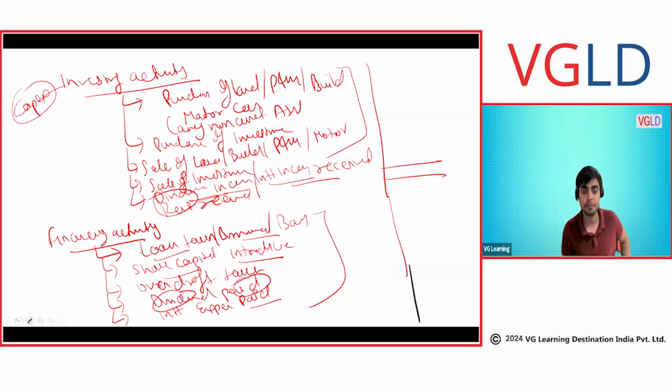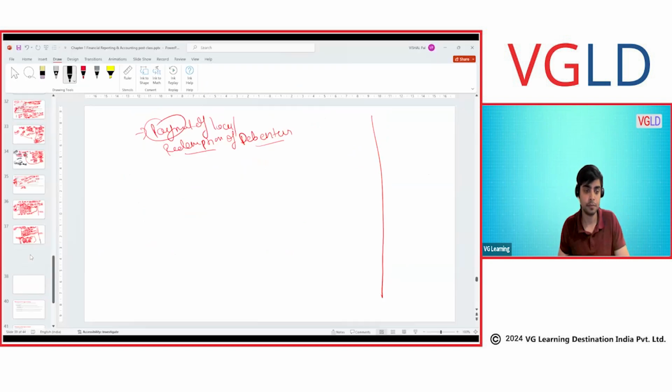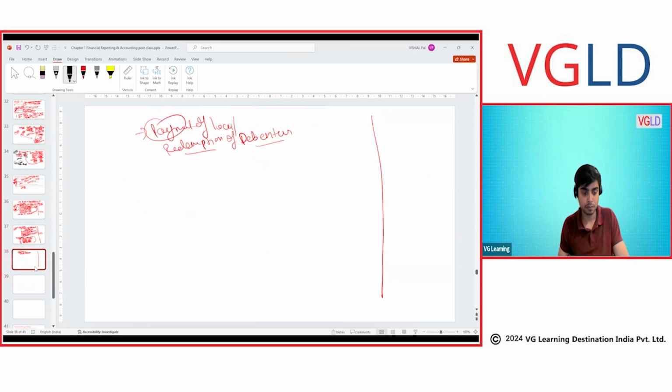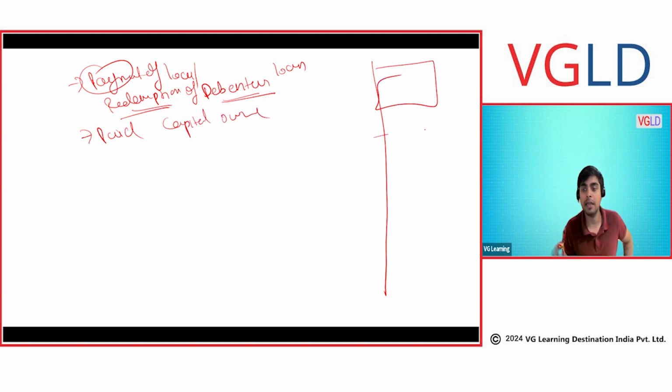So if we have paid any loan, or we have paid any capital back to the owners, in that case this will also be coming here. This will be your financing activity.